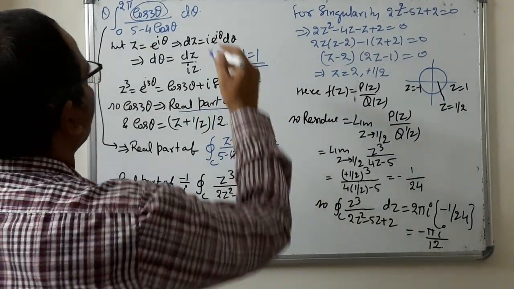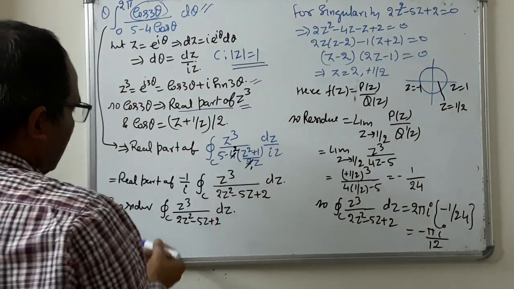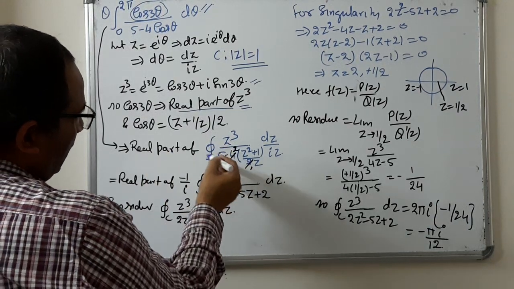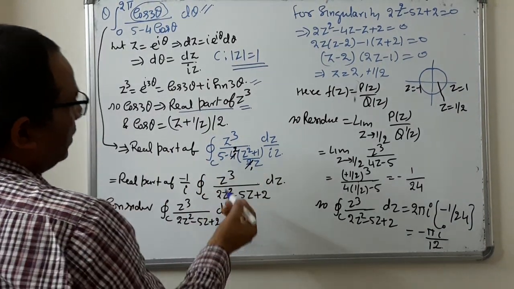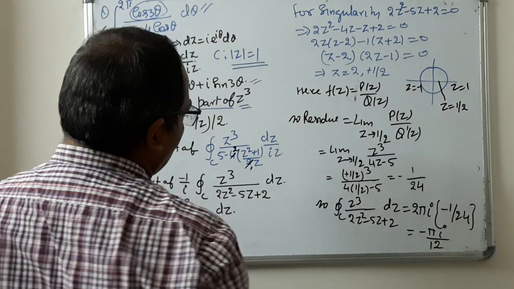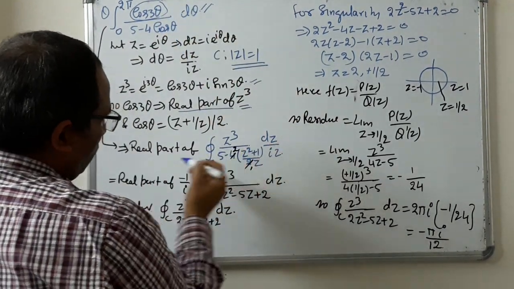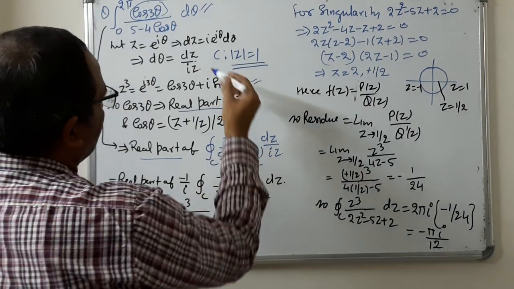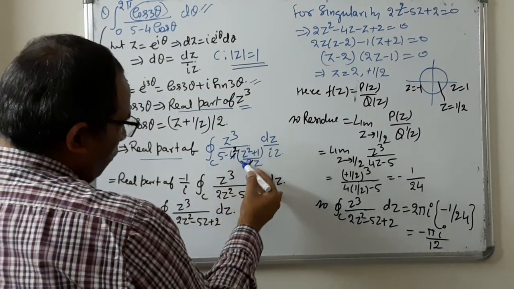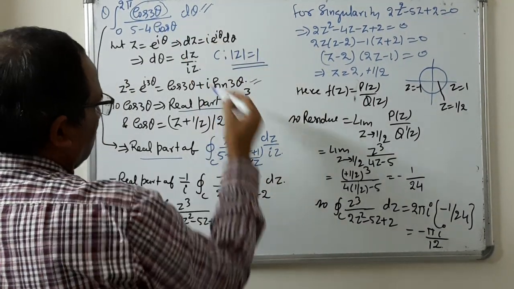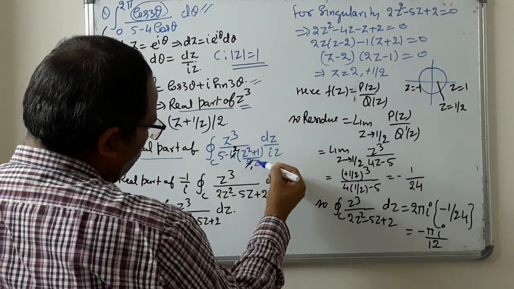Put the value in this integration, we get real part of closed integration on c, where c is equal to modulus of z equal to 1, and this numerator replaced as z cube because we write real part of this one, upon 5 minus 4. Put the value of cos theta, that is z square plus 1 upon 2z.